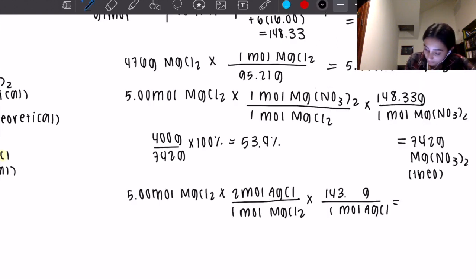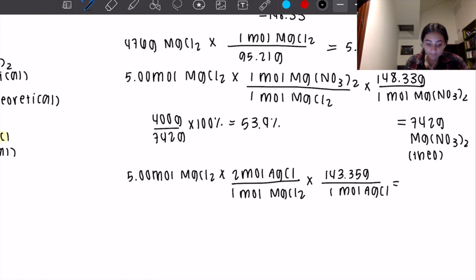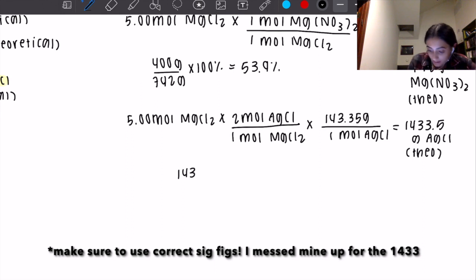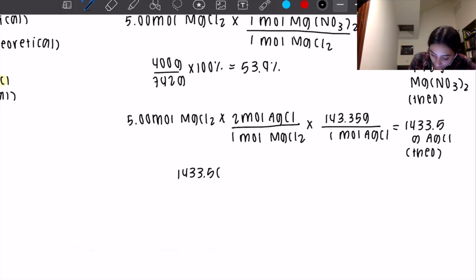So I have 143.35 grams over 1 mole AgCl. So if I do 5 times 2 times 143.35, I get 1,433.5 grams of AgCl, and that is theoretical. So now I'm going to multiply that by the percent yield to get that the actual mass of AgCl is 773 grams.